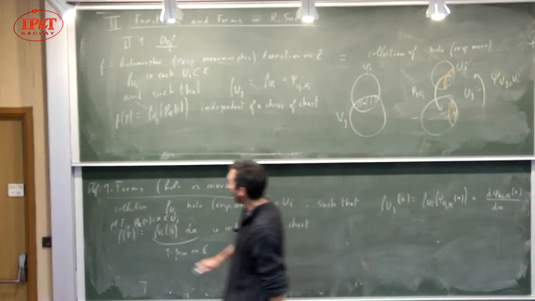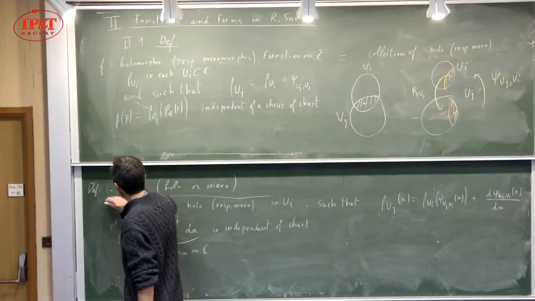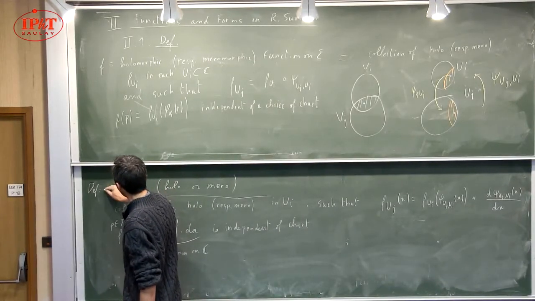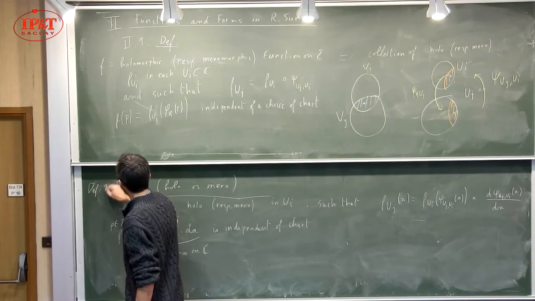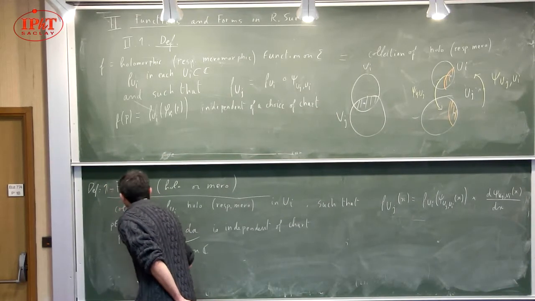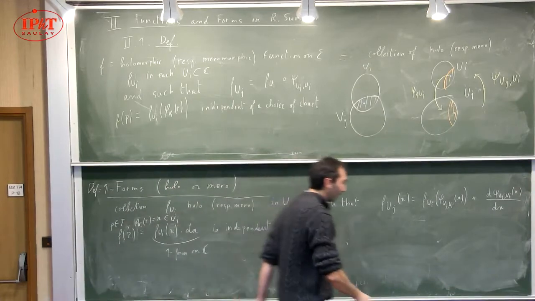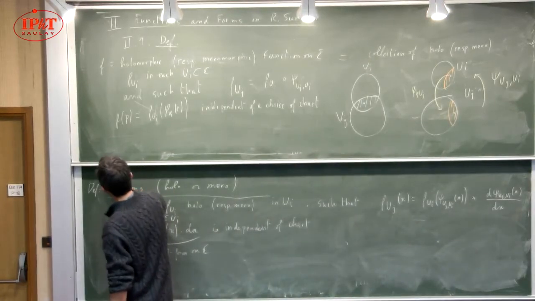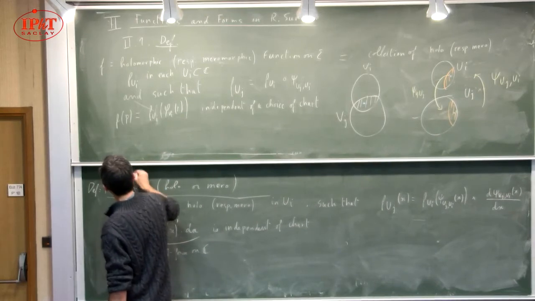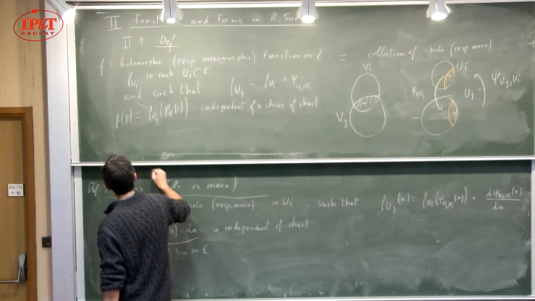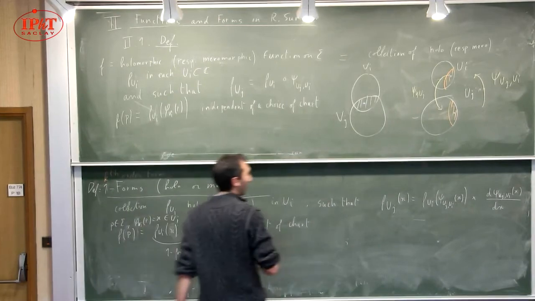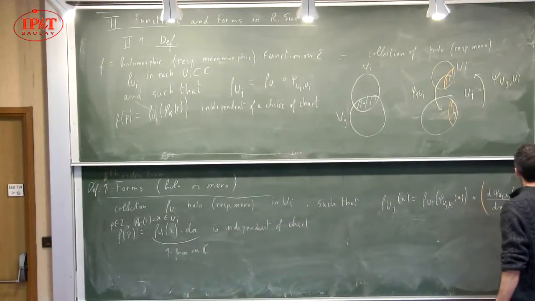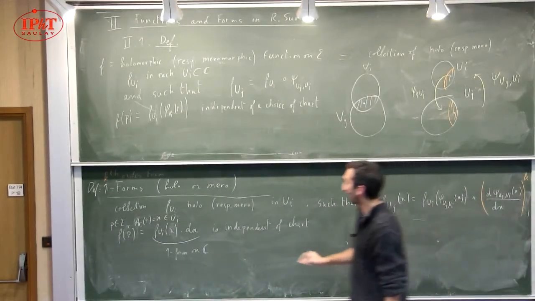There is the same thing with kth order forms. So this was for one forms, but let me replace this definition with kth order forms. A kth order form is the same thing, but you put a power k here and a power k here.